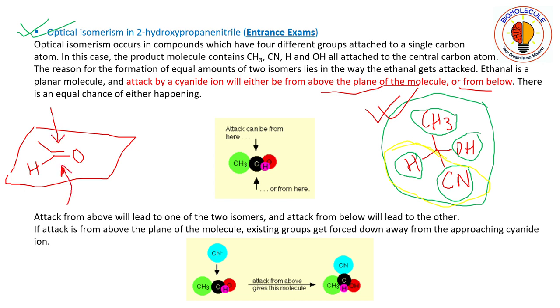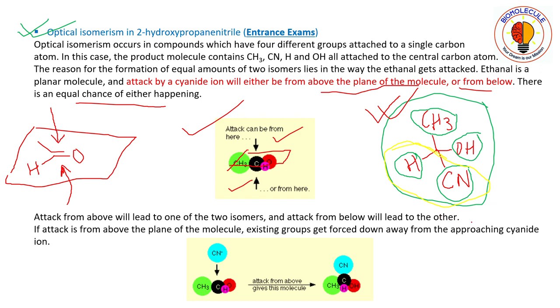I have shown this in my previous lecture, and there is an equal chance of either happening. So attack from above will lead to one of the 2 isomers, and attack from below will lead to the other.